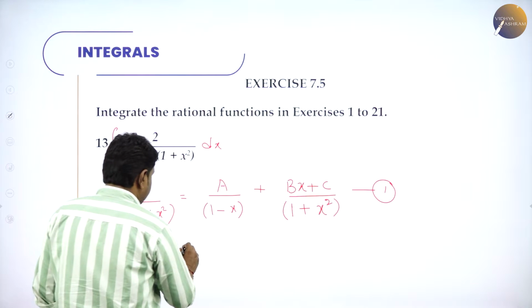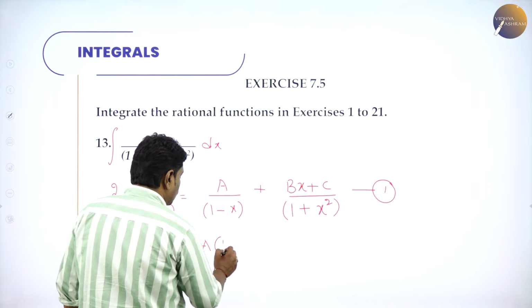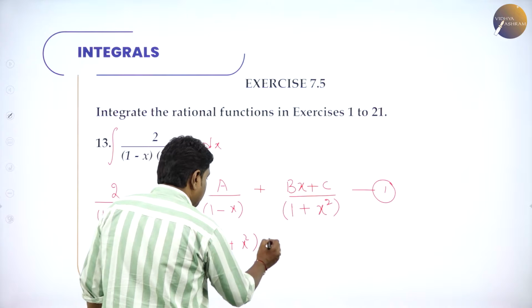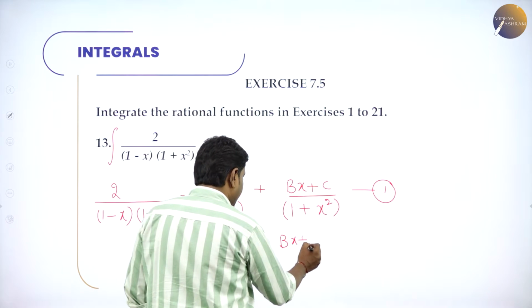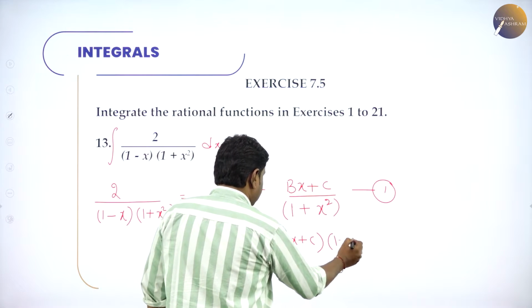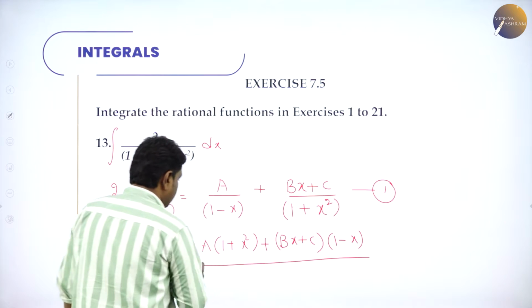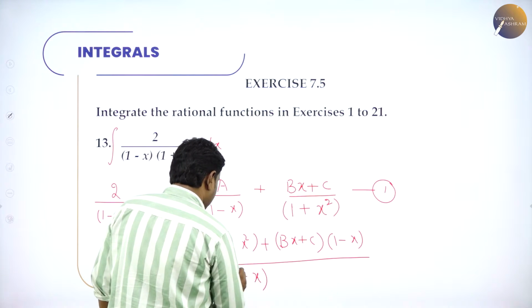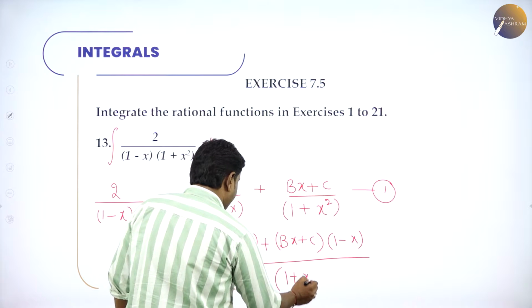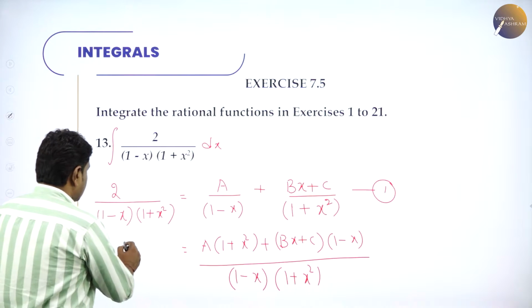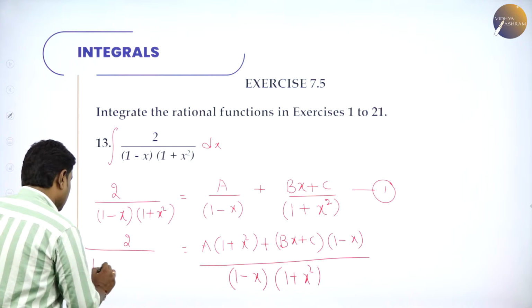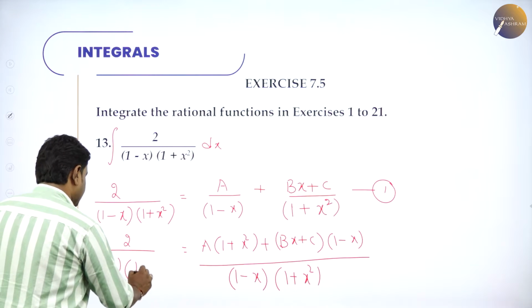Now as usual, take LCM. If I take LCM, it will become a into 1 plus x square plus bx plus c into 1 minus x divided by the denominator. What is the denominator? 1 minus x into 1 plus x square. And LHS we have 2 divided by 1 minus x into what? 1 plus x square.